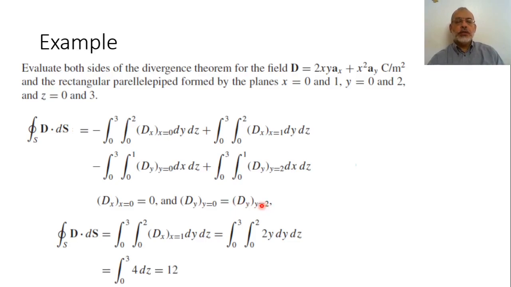So in this case, the first term dx at x equals 0 is 0, so this will be removed. dx at x equals 1 would be 2y multiplied by 1 dy dz.